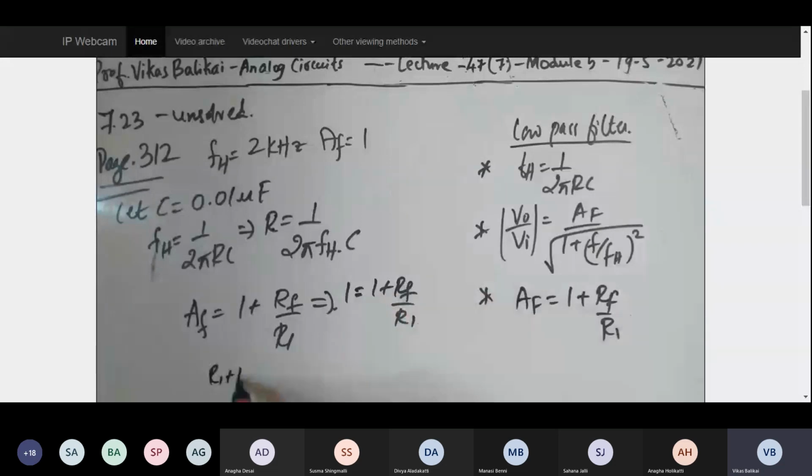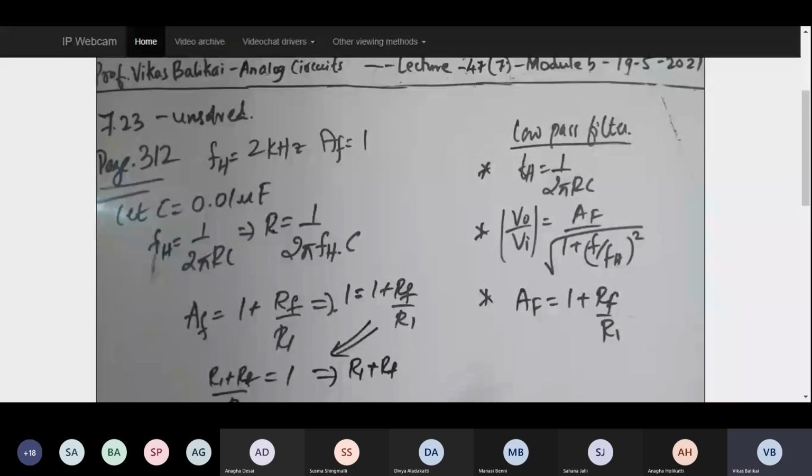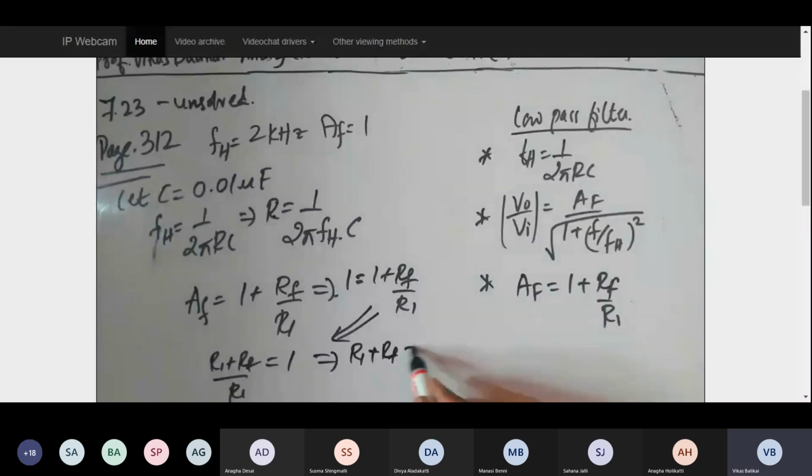That is R1 plus RF equal to R1. This R1 cancels out, and RF is equal to 0.